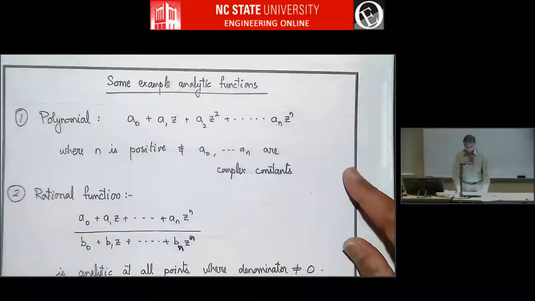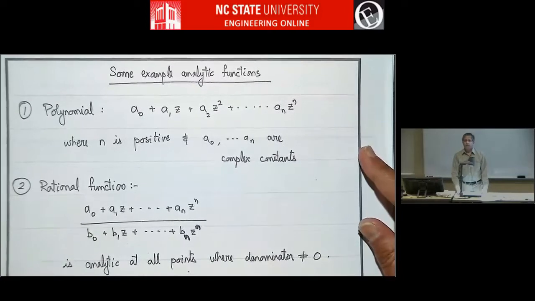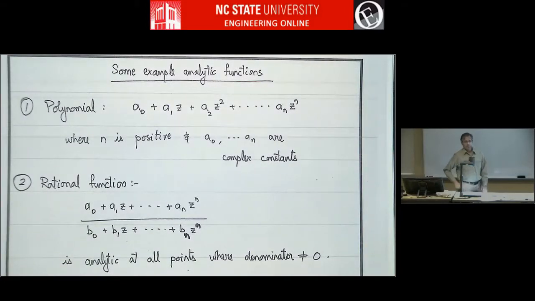I have like 5 minutes or so. Let's talk about a few analytic functions. So some example analytic functions, and these are all analytic functions we'll use. A polynomial function is an analytic function just by nature.